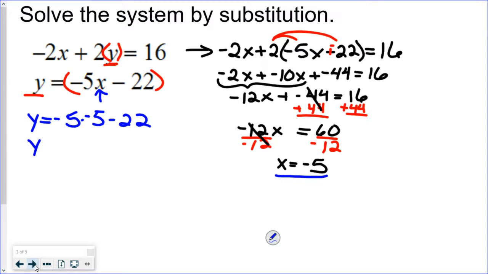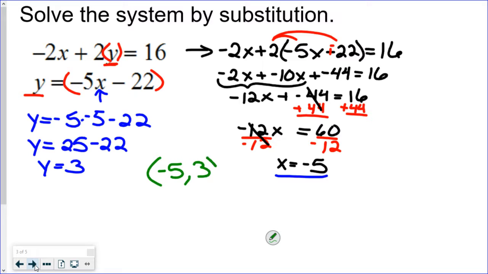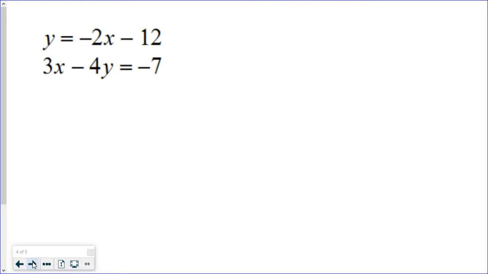And then you can do this in your calculator, but negative 5 times negative 5 is 25, minus 22 is just 3. And my final answer is x, which is negative 5, y, which is 3. Okay, again, both just doing the same thing, but solving it slightly differently. Let's do one last one.